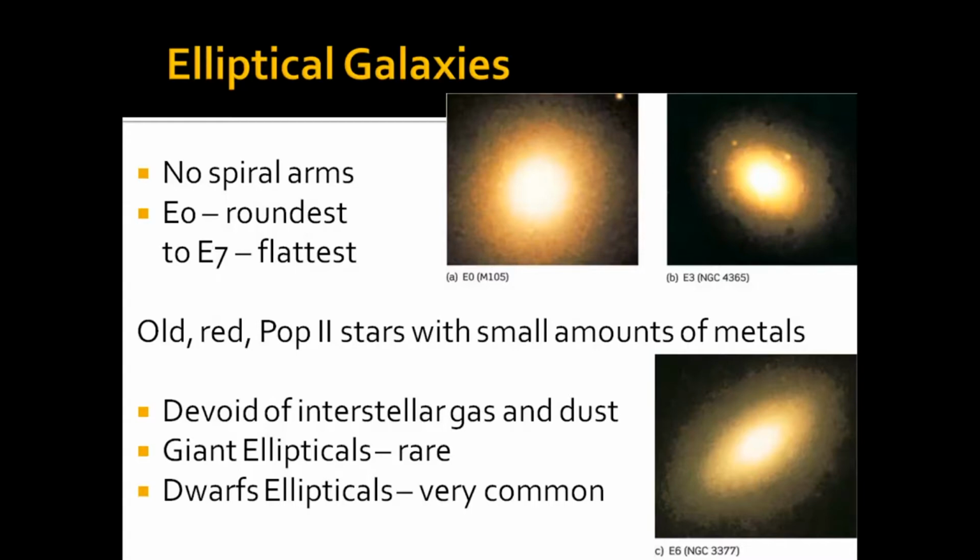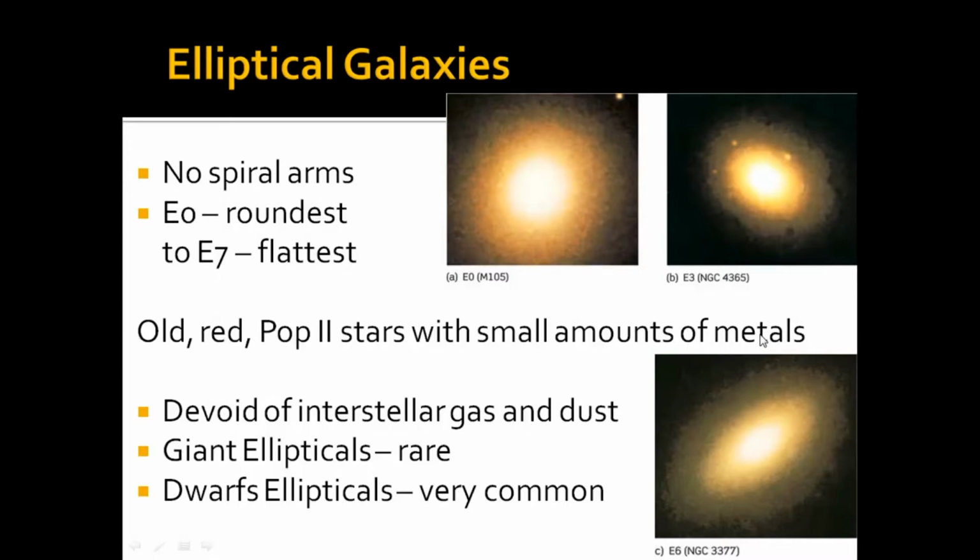As you can see on the images here, the E0 galaxy on the left is a lot rounder, and this E6 galaxy is a lot more elliptical, flattened out. These galaxies are mainly made up of old red population 2 stars with small amounts of metals.